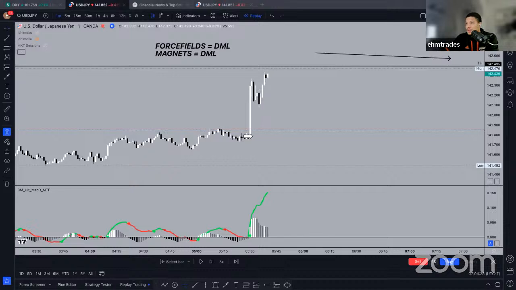Continued upwards. And then boom, gave us this. What did this area turn into? This area then started acting as a force field, keeping price from breaching it, right? So that's price action. So just focus on that with price action, right?